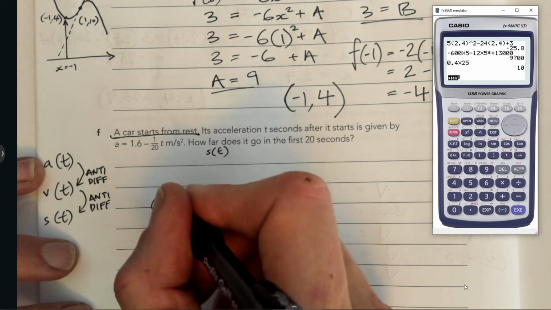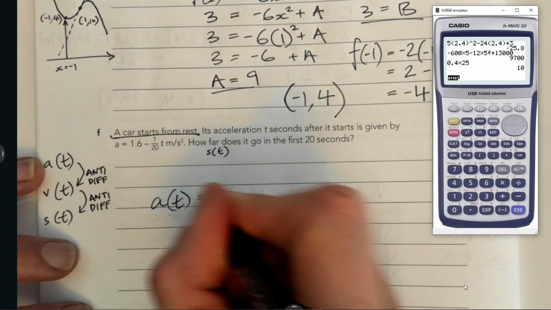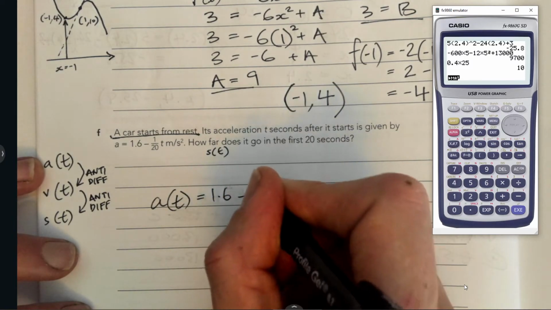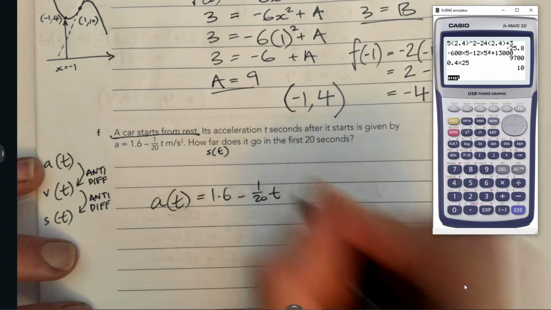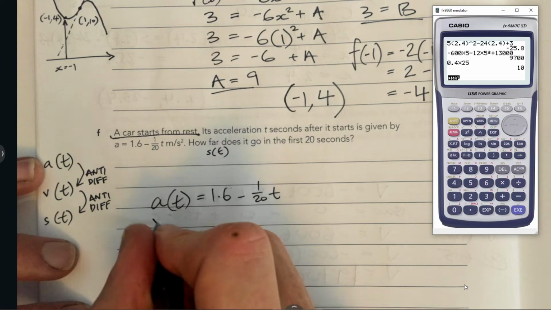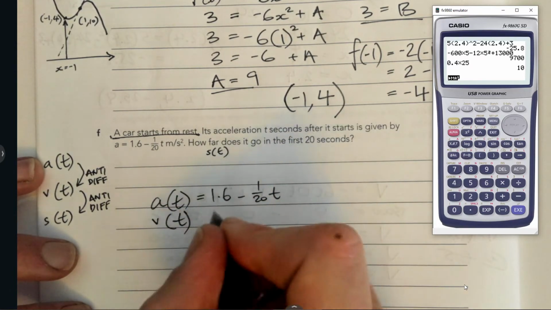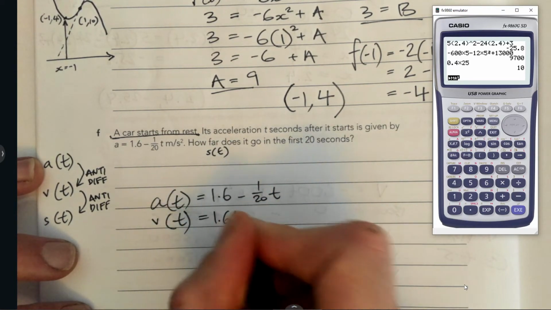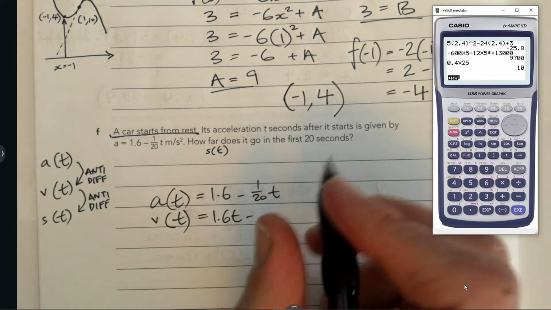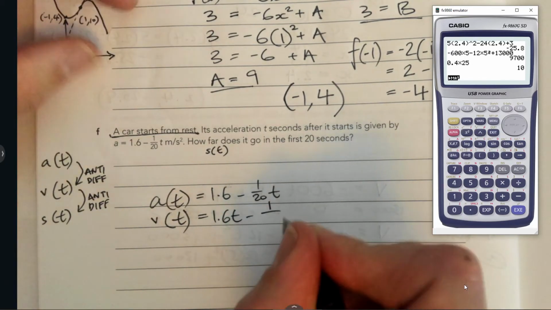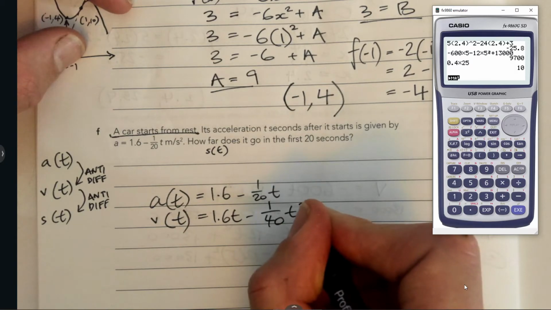A of t, oh, I'm writing this out pointlessly, 1.6 minus 1/20t. So therefore, v of t equals 1.6t minus 1/40t squared.